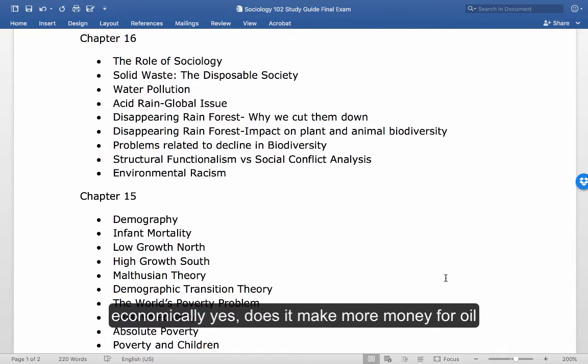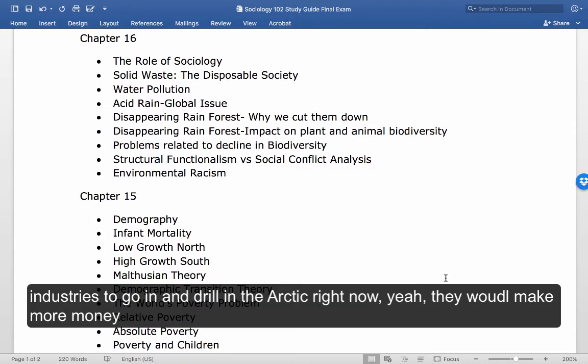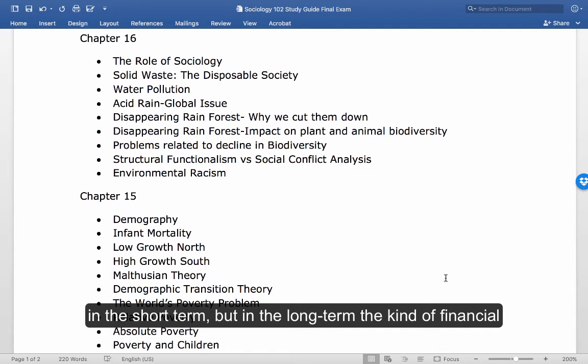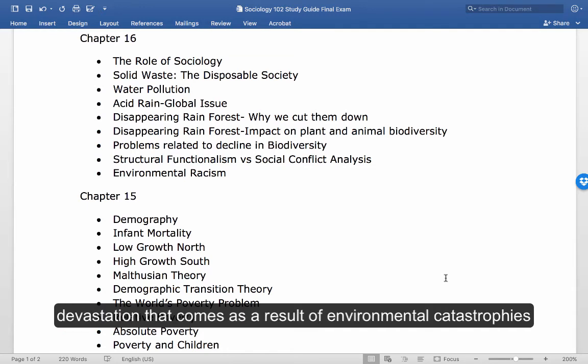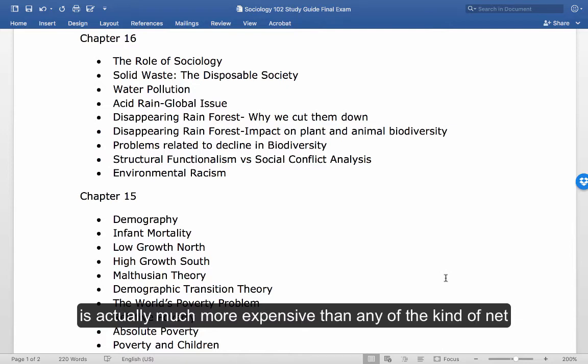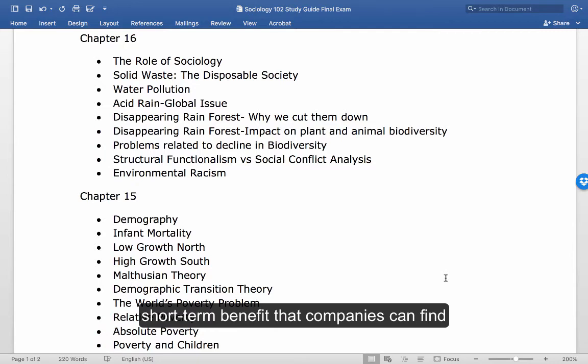Because economically, does it make more money for oil industries to go in and drill in the Arctic right now? Yeah, they would make more money in the short term, right? But in the long term, the financial devastation that comes as a result of environmental catastrophes is much more expensive than any net short-term benefit that companies could find.